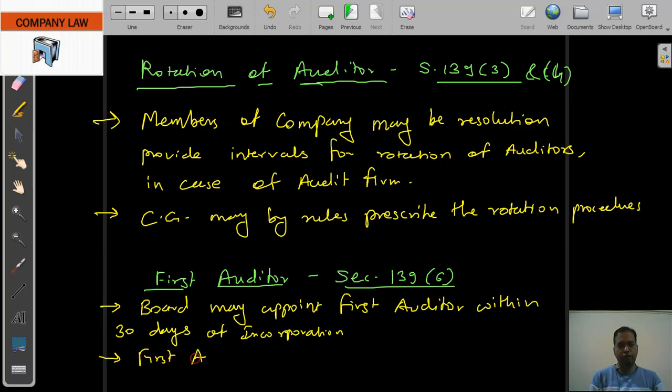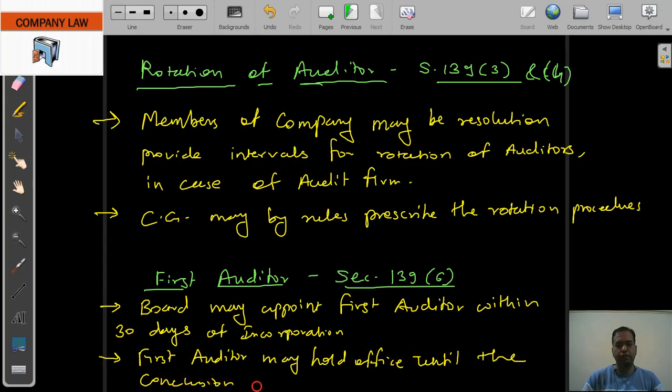The first auditor may hold office until the conclusion of the first AGM.